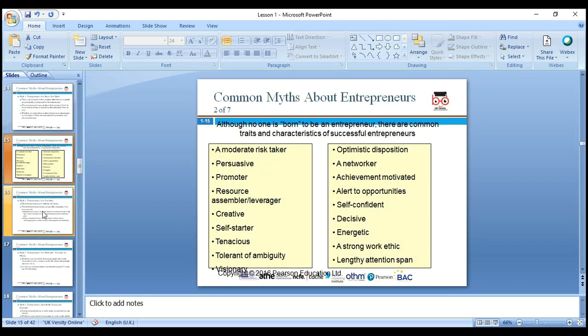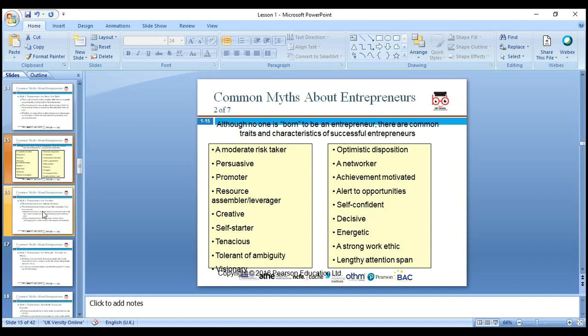So what are the common traits? Although no one is born to be an entrepreneur, there are common traits and characteristics, the common qualities needed to be a successful entrepreneur. If you want to be a successful business person: moderate risk taker, persuasive, promoter, resource assembler, creative, self-starter.